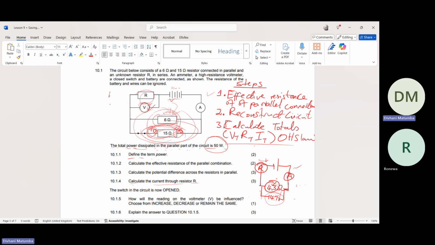Okay, let me give you this example. Do you have a younger sister? Yes, sir. Okay, let's say your parents give you guys in total 20 rand. You get 15, she gets 5.